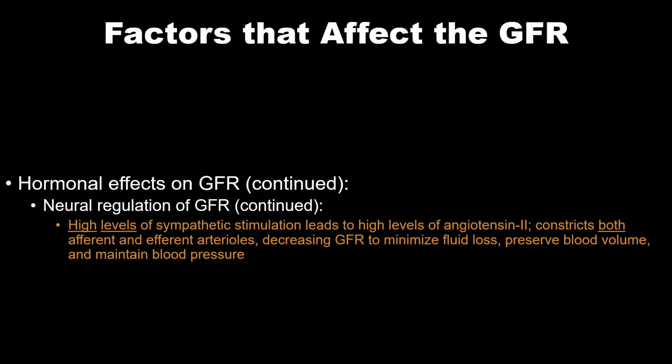This is going to help the body minimize fluid loss and preserve blood volume and blood pressure. In these cases, perfusion of vital organs like the brain or the heart is going to take precedence over filtration of the kidneys. Your body knows that you need to hold on to this liquid or you're going to die. And so it's going to prevent as much fluid from being lost as it can.